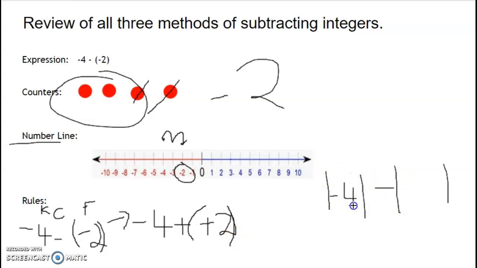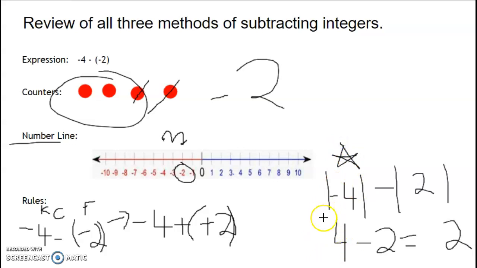So the absolute value of -4 minus the absolute value of 2 gives me 4 minus 2, which equals 2. However, since the absolute value of -4 is larger, right, because that's 4, we keep the sign that was attached to that original -4. So we would say that's -2 as our answer.